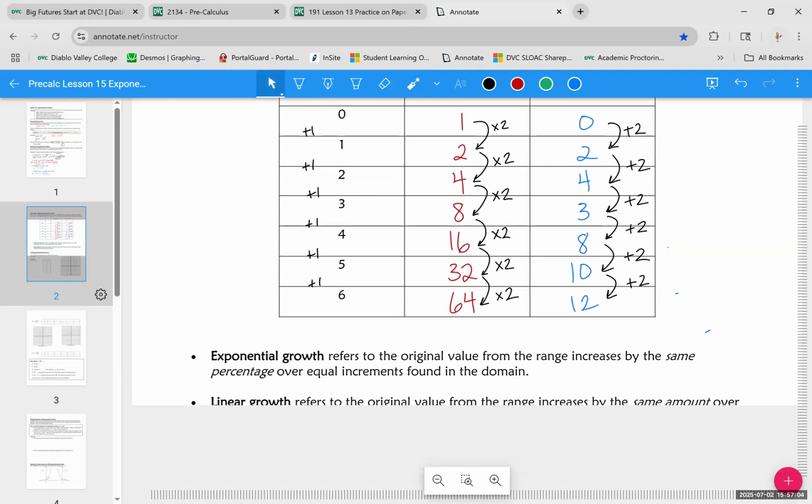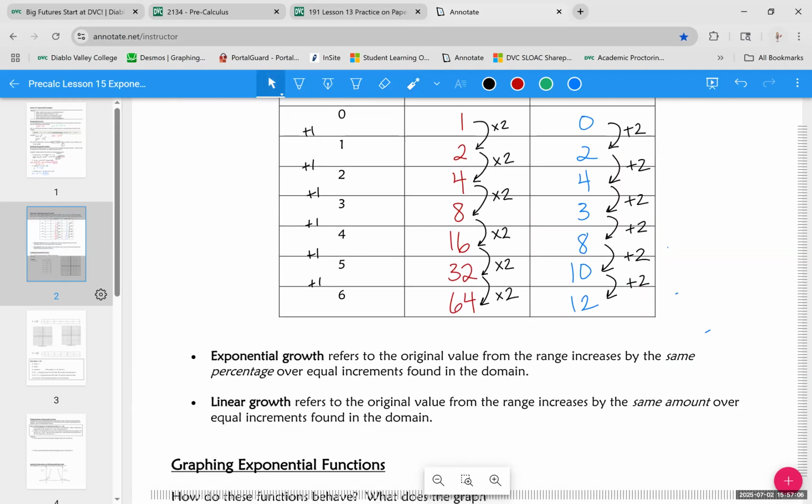So exponential growth refers to the original value from the range increases by the same percentage. This is doubling, which is increasing 200% over equal increments found in the domain. So every time the domain went up by 1, this doubled or increased by 200%.